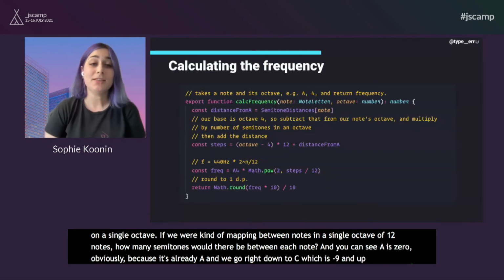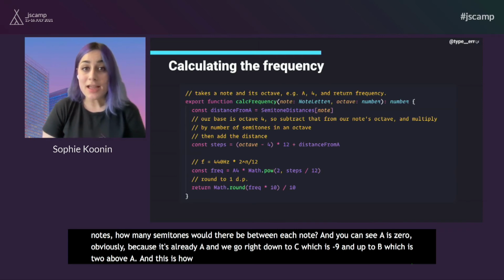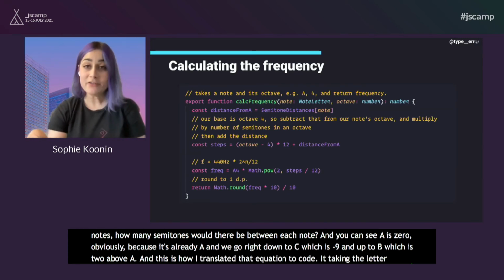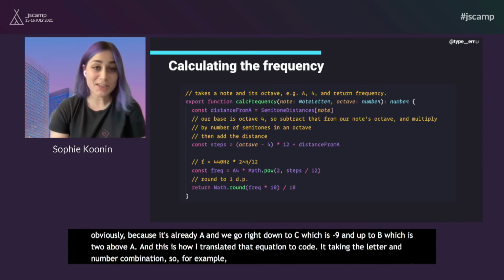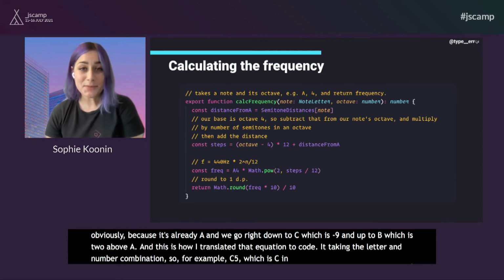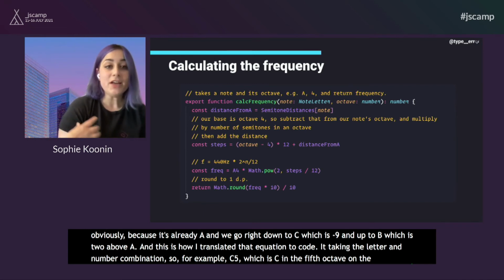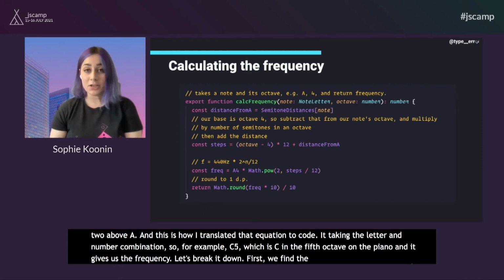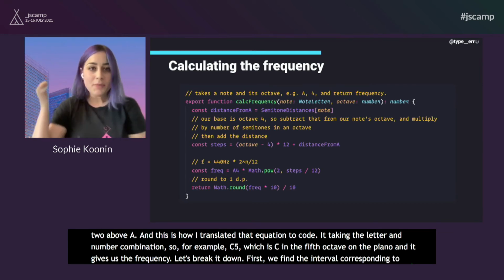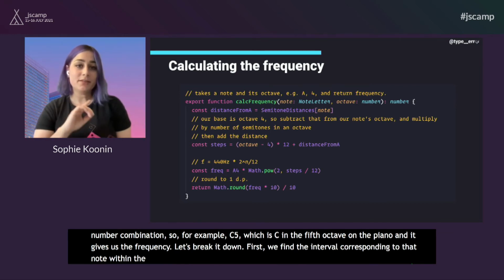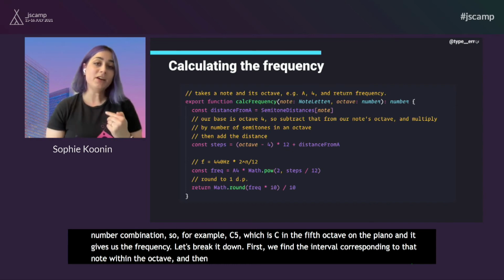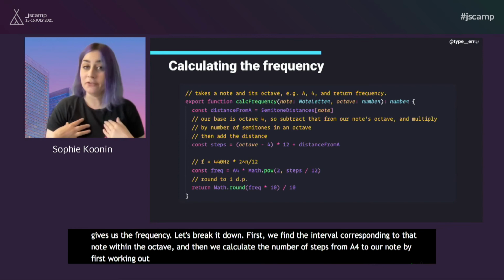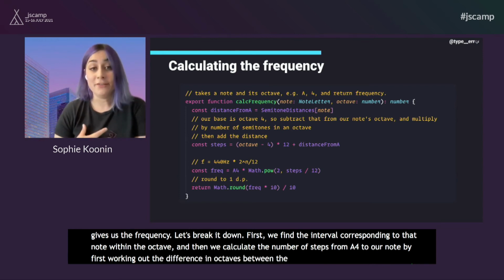And this is how I translated that equation to code. It takes some letter and number combination, for example, C5, which is C in the 5th octave on the piano, and it gives us the frequency. So let's break it down. First, we find the interval corresponding to that note within the octave from that hard-coded list I just showed you. And then we calculate the number of steps from A4 to our note by first working out the difference in octaves between the octave that we're looking for and the 4th octave where A4 lives.